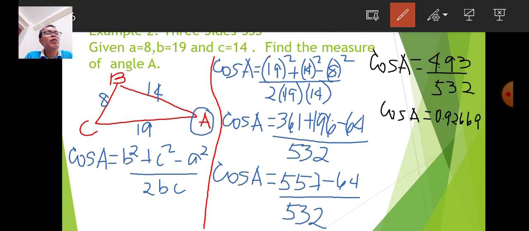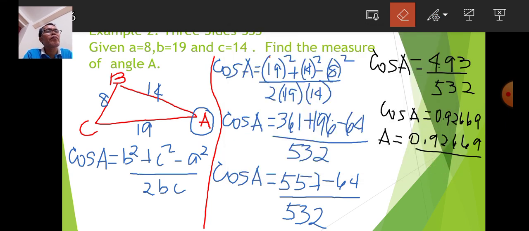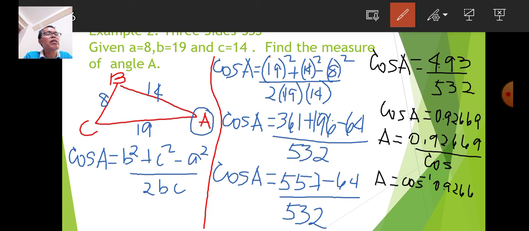To solve for the angle, this can be written as A is equal to arccosine of 0.92669.